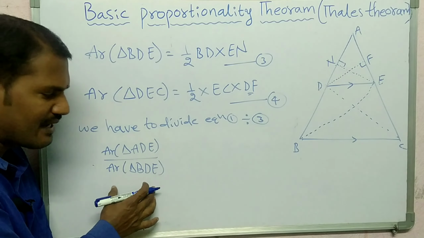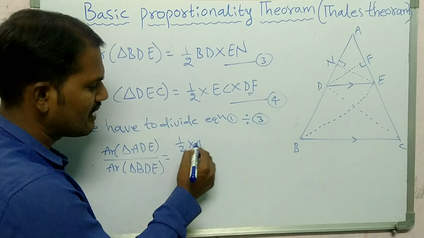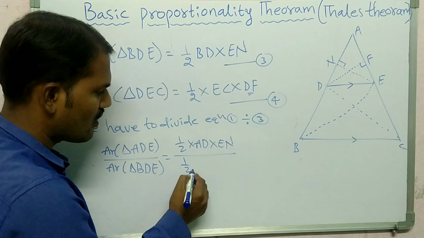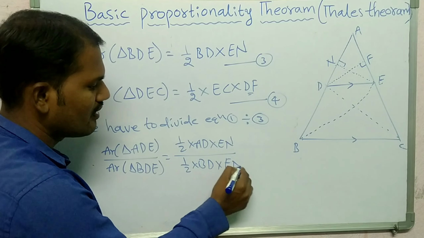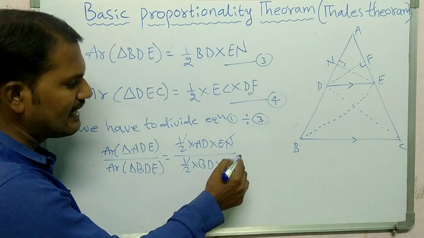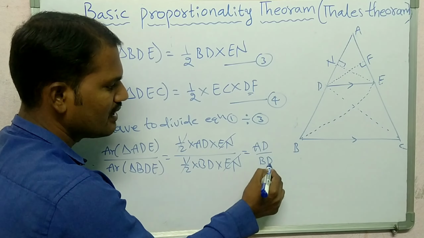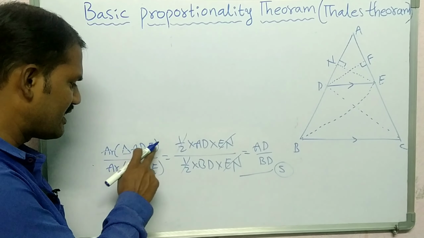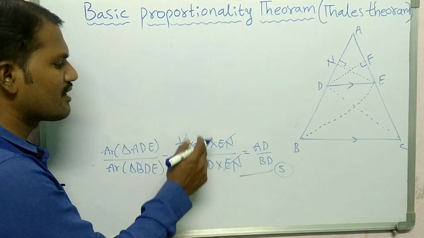Area of triangle ADE by area of triangle BDE equals half of base AD into EN by half of BD into EN. See children, half cancels, EN cancels, equals AD by BD. This is equation number 5.